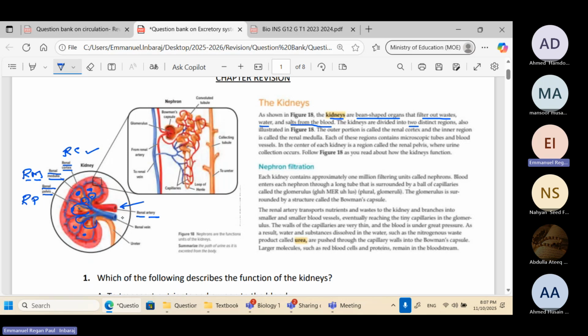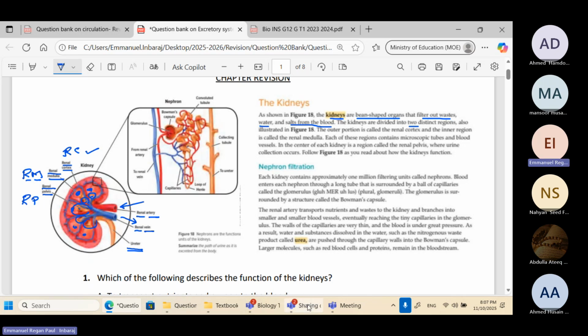This blood vessel is carrying blood from the kidney to the heart, and it's called the renal vein. And you have a tube here which will collect the urine and send it down. This tube is called the ureter. Okay, is it clear? So these are all the parts of the kidney.